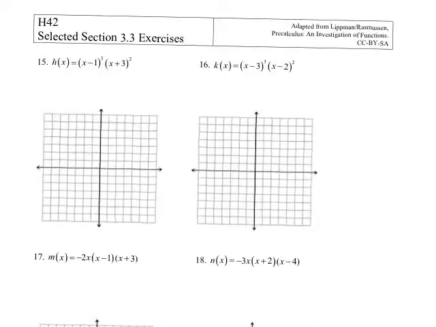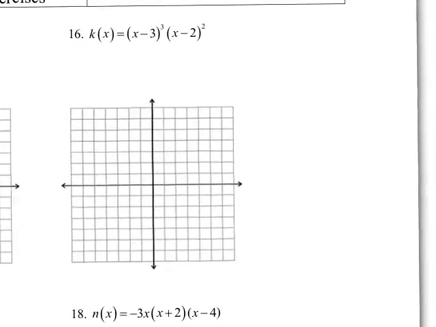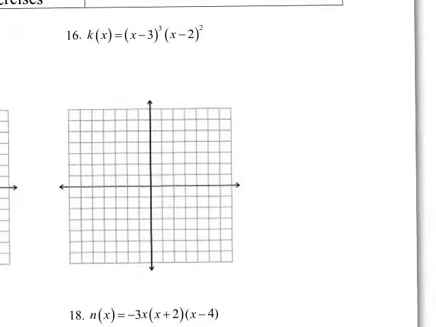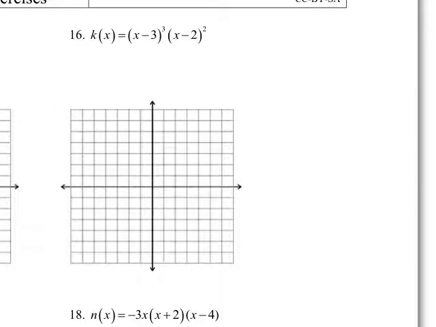Okay, looking at problem 16, I've got a triple or a multiplicity of 3 at 3. So what that means is it's going to kind of flatten out right there at 3, either going up or going down.